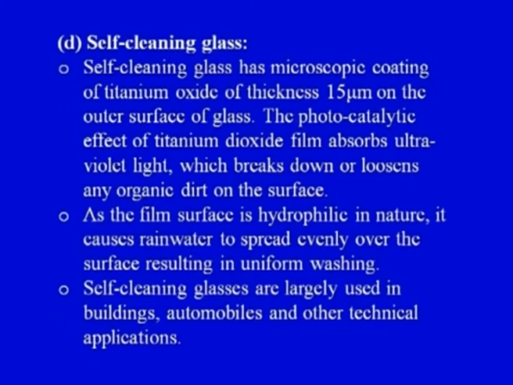So, organic dirt is cleaned because of this photocatalytic action of the titanium oxide, which absorbs the ultraviolet light. Similarly, because of the hydrophilic nature, it causes rainwater to spread evenly on the surface, resulting in uniform washing of the outer surface of the self cleaning glass, and therefore, it finds application in big buildings, automobiles and other specific applications.